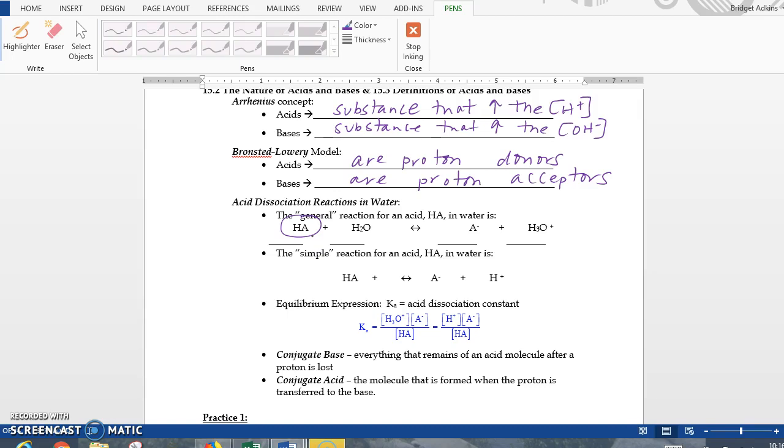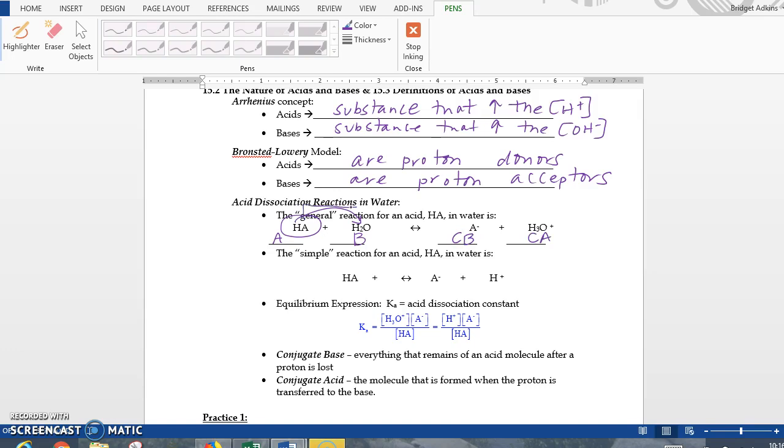So if we talk about a generic acid being placed in water, the acid will shed its H plus and give it to water, and then what will be left of water is the H3O plus, the protonated form of water, and then the A minus. So this is our acid. Water in this case is acting as a base because it is accepting the proton. A minus is going to be our conjugate base, and then the H3O plus is our conjugate acid.